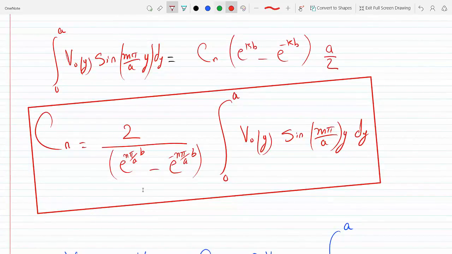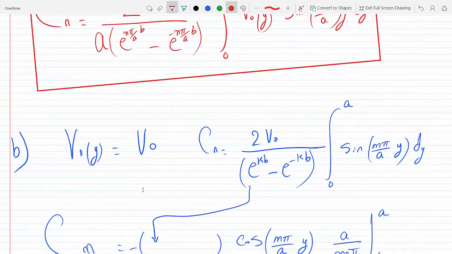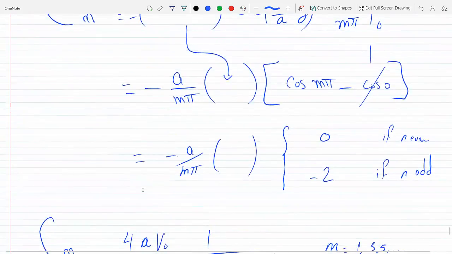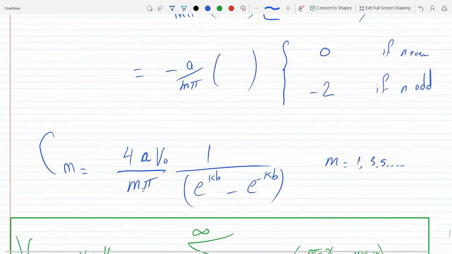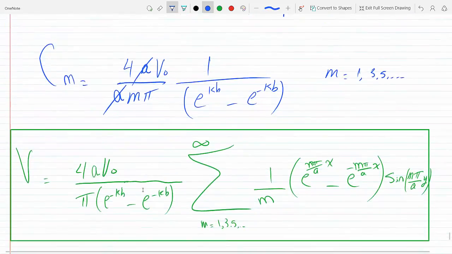So this A here, I forgot to put the A here. So there's an A here. So this is 2 over A, which carries over. So then we have this A here, which comes all the way down. Okay, here we go. So we have an A here, and we have this A here, which crosses out. Okay, now it's making more sense.